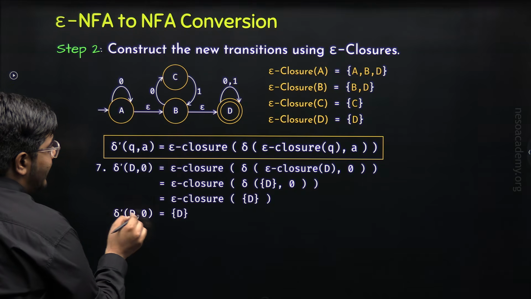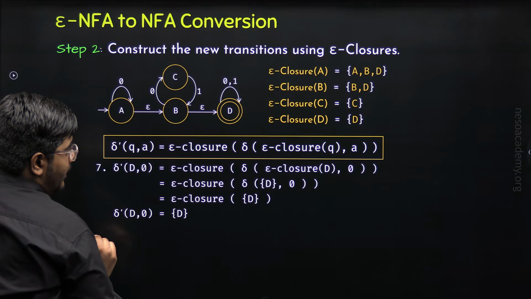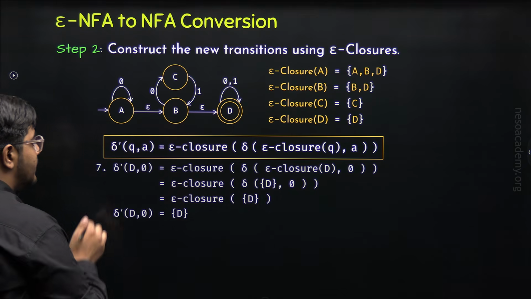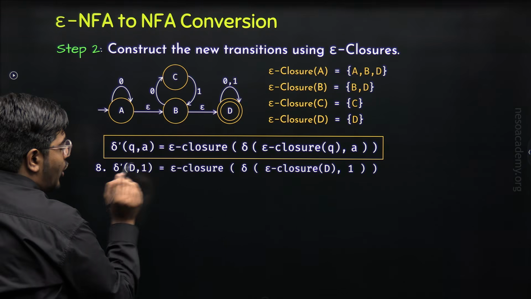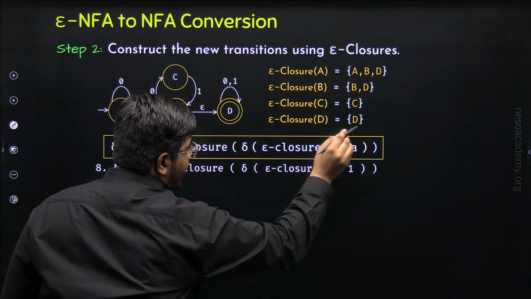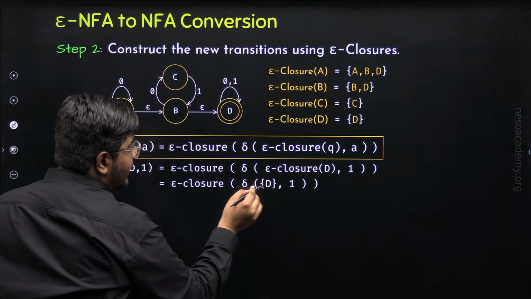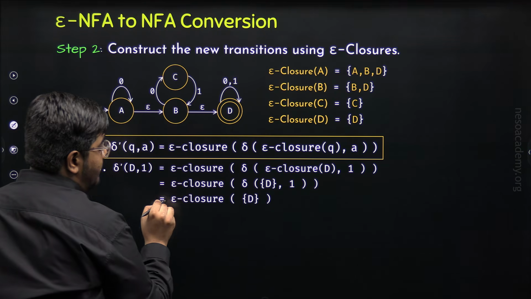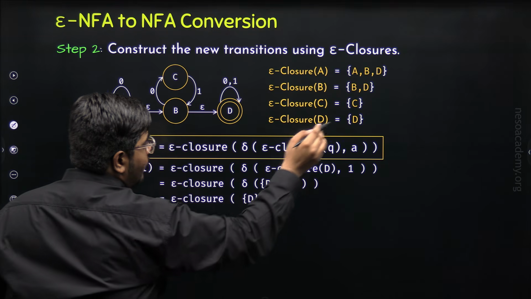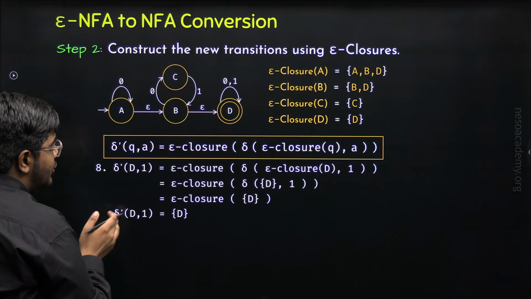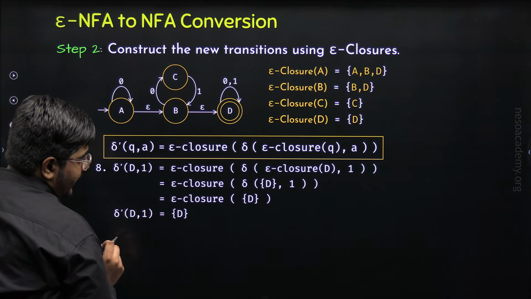So delta dash D comma 0 is equal to D. Now we will calculate our last transition, that is delta dash D comma 1. Epsilon closure of D will be replaced by D. Delta D comma 1 will also be equal to D, and epsilon closure of D will be equal to D. And finally we will get delta dash D comma 1 is equal to D.